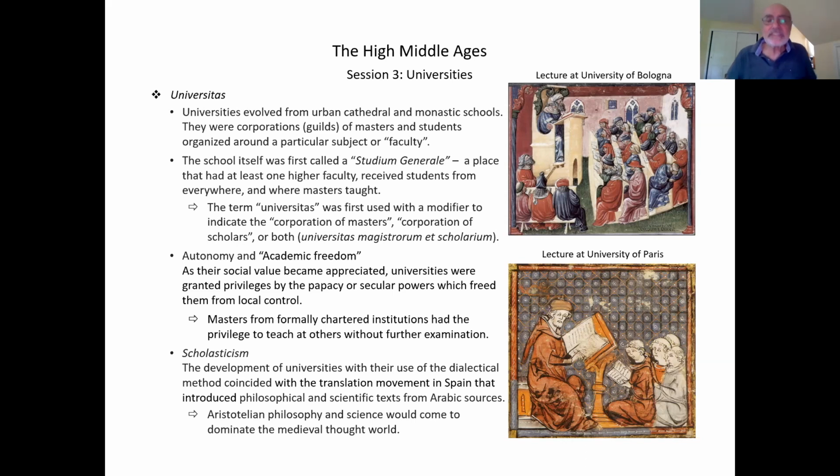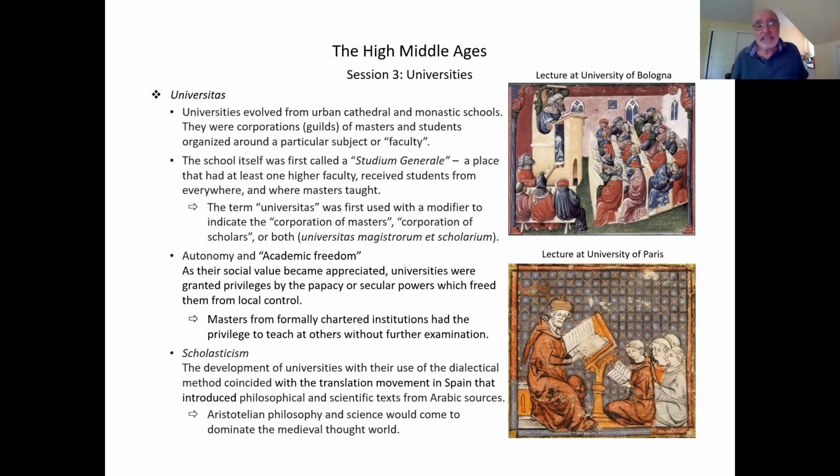The term universitas was first used with a modifier to indicate the corporation of masters, corporation of scholars, or both, as in the Latin phrase Universitas Magistrorum et Scholarium, which would be the University of Teachers and Students, and shortened to Universitas, simply.